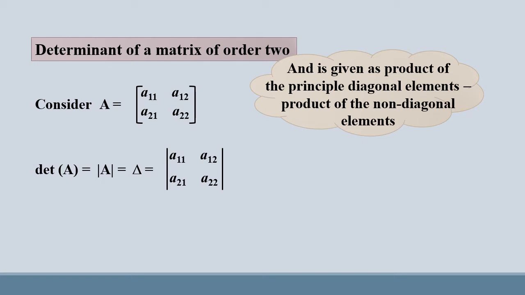First we take the product of diagonal elements, then take the product of non-diagonal elements, and take the difference of both the products. Here the diagonal elements are a11, a22, so the product will be a11 into a22. The non-diagonal elements are a21 and a12, so the product will be a21 into a12. This is how we calculate the determinant of a matrix of order 2 cross 2.